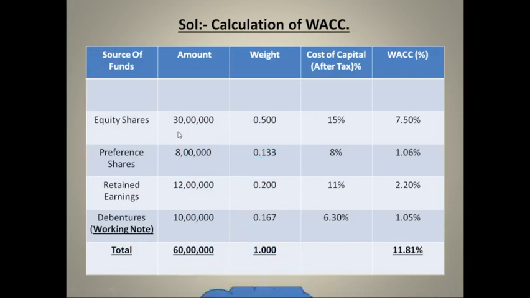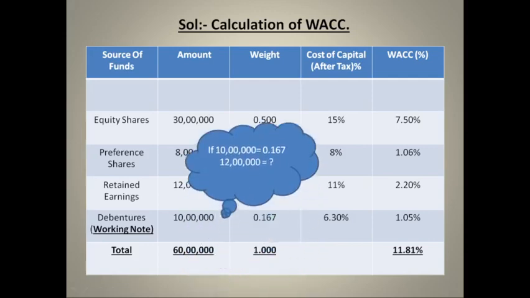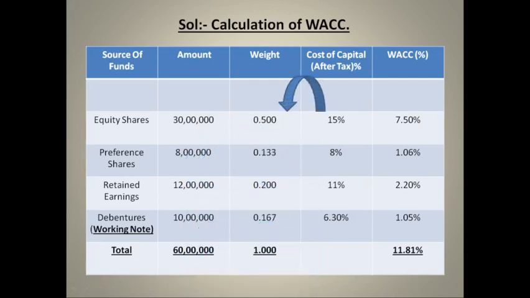Now similarly, we have these two figures. If 10 lakh is 0.167, then how much is 12 lakhs? I'm repeating once again. 10 lakh is 0.167, so 12 lakhs is how much? Again we will cross multiply, and after cross multiplying we will get the answer as 0.200.